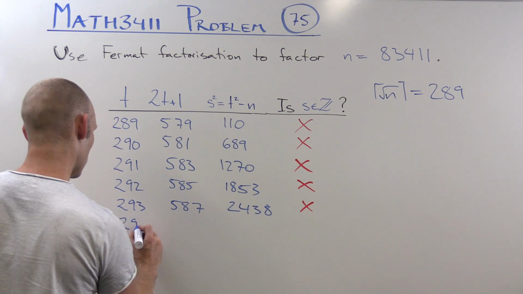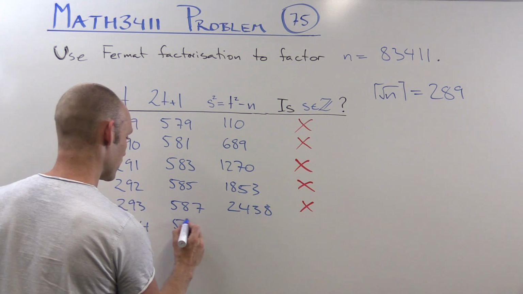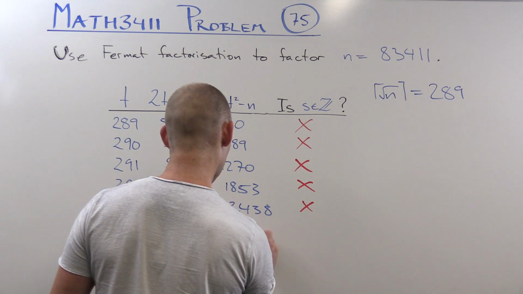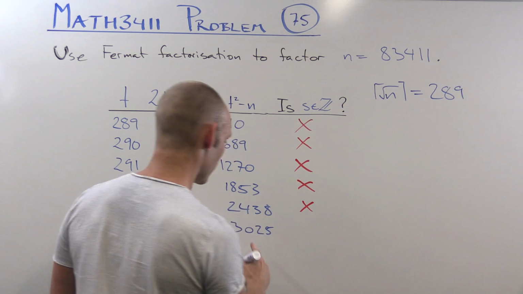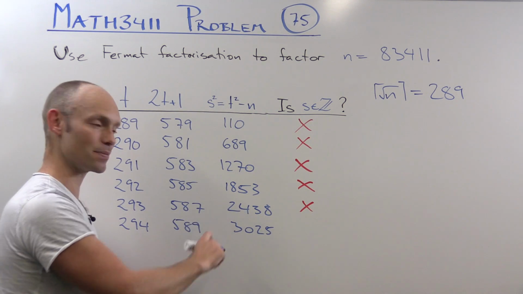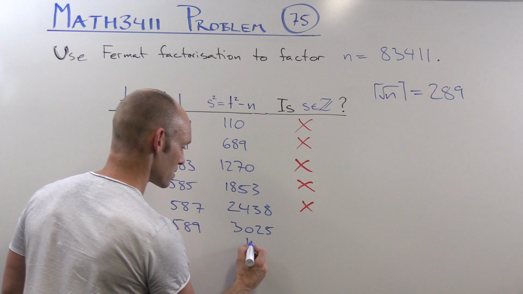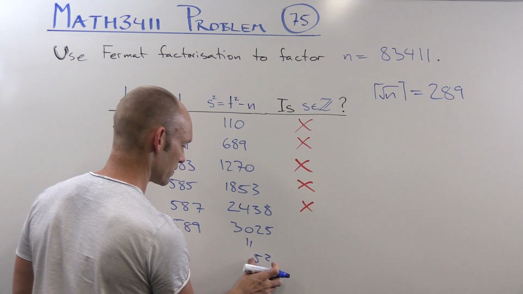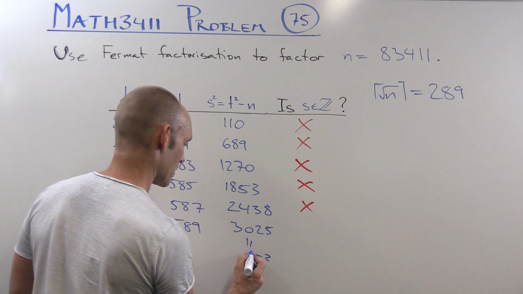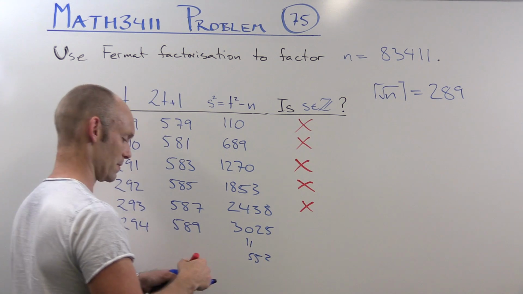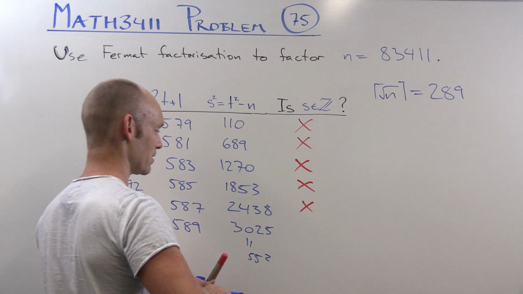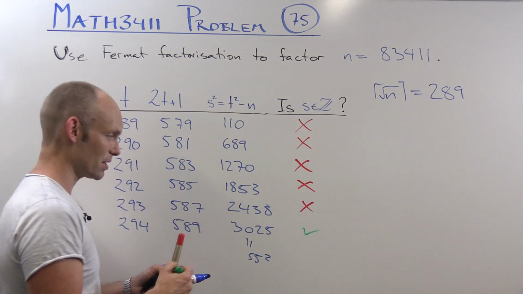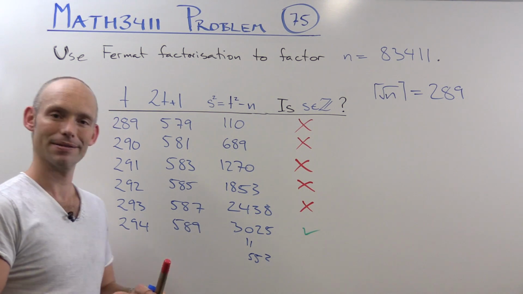So 294, 589, and that number there is then 3025. Okay, that's a square number. We recognize that as 55 squared. So finally, we've found one of these numbers which is an integer square, and then we're done.